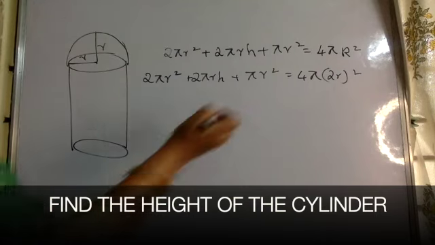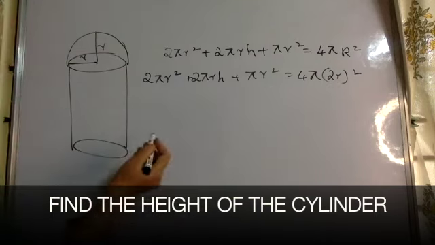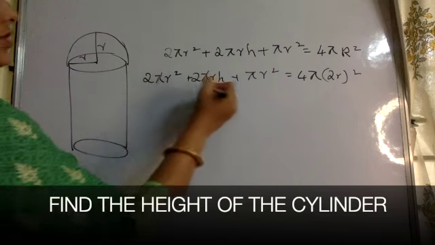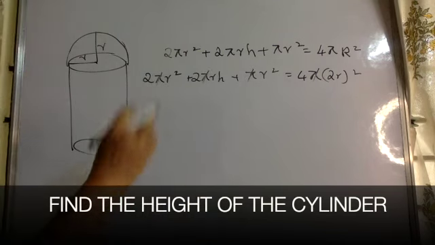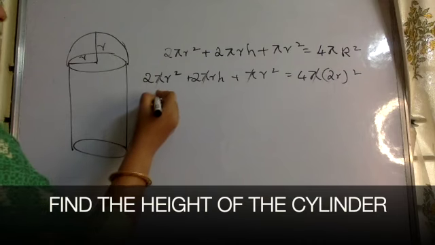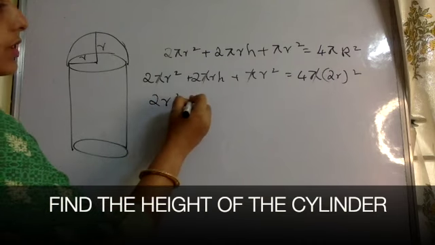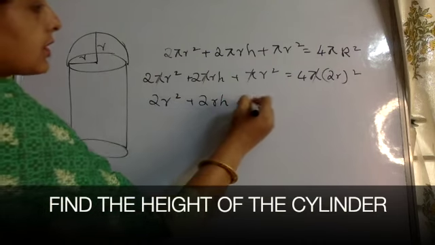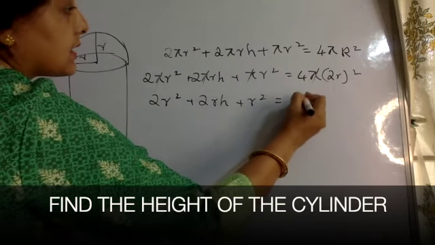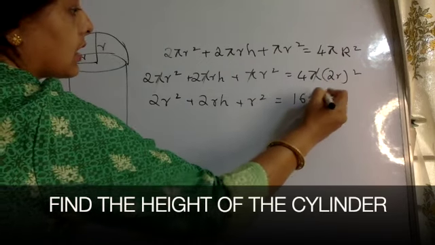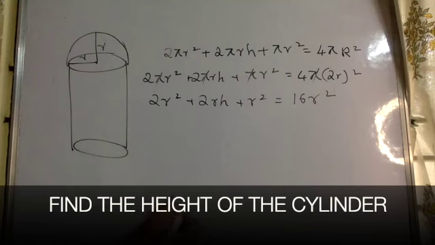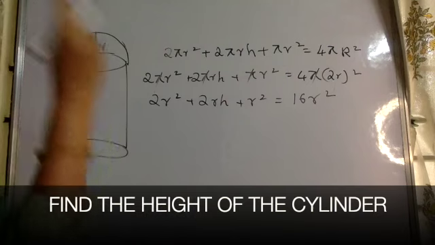Now this is coming from the question itself. We will cut out all the pi's just to reduce our calculations. Then it is 2r square plus 2rh plus r square, and here it is 16. This makes 4r square. That gives me how much? This is 3r square.